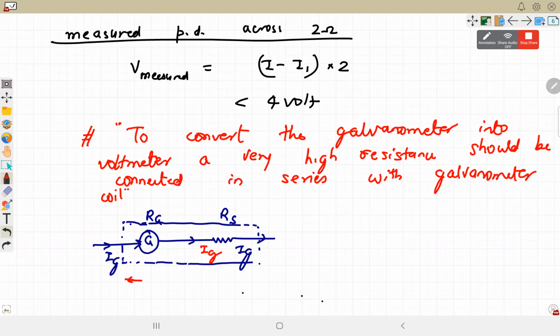IG is the maximum current that can pass through galvanometer, then that will be the maximum current which can pass through the external series resistance also. So potential measured value V is equal to IG into (RG plus RS).